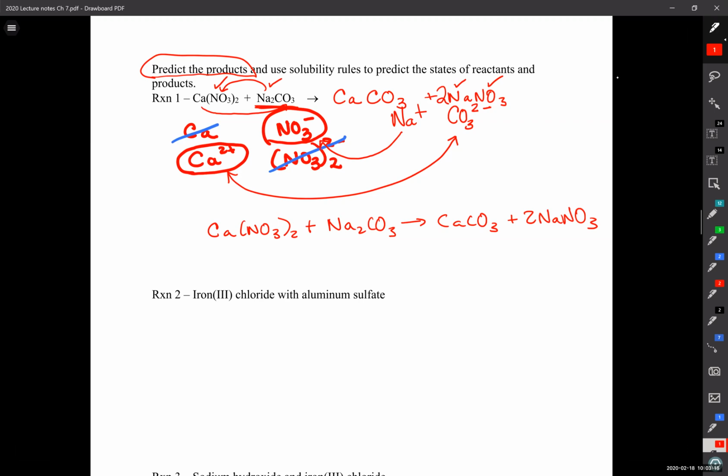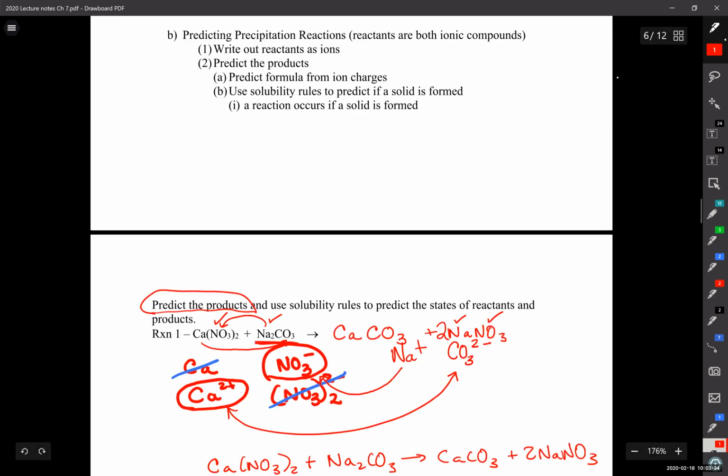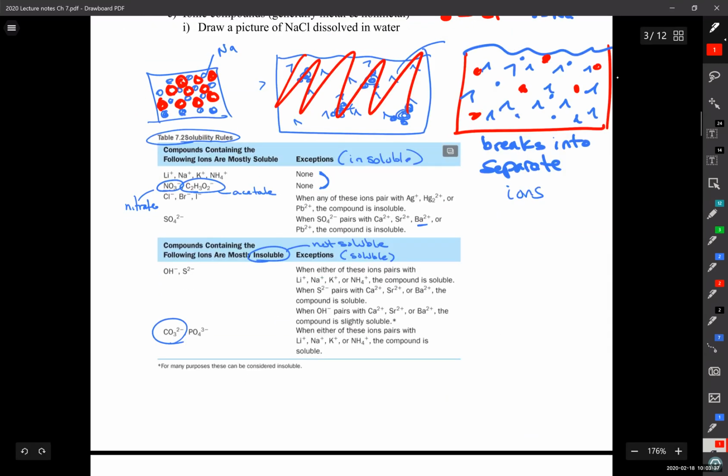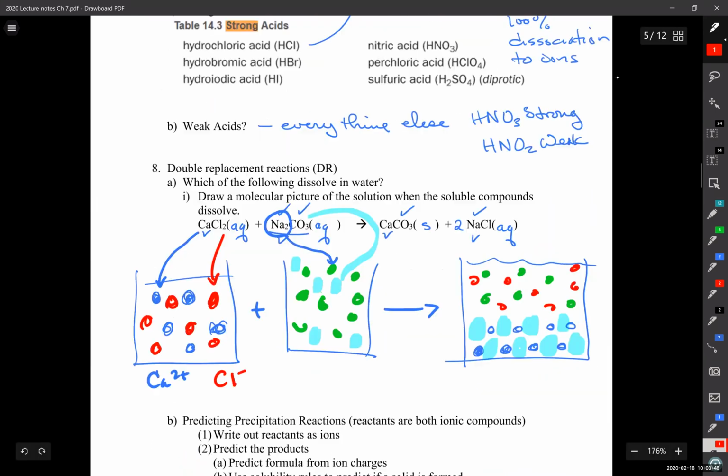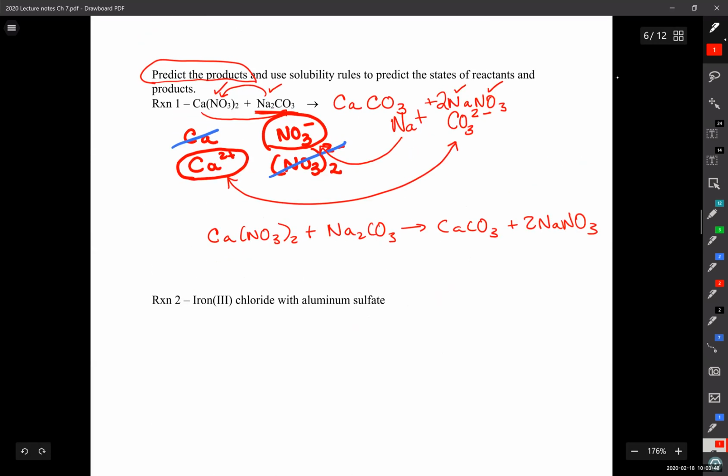Now it says use solubility rules to predict the states. So what did I say about group one? Group ones are always soluble, right? Aqueous. And nitrates are always aqueous, right? If you look at the rules going back, always soluble, always soluble. So now when you look at this list, calcium nitrate, what is it? Soluble, so it's aqueous.